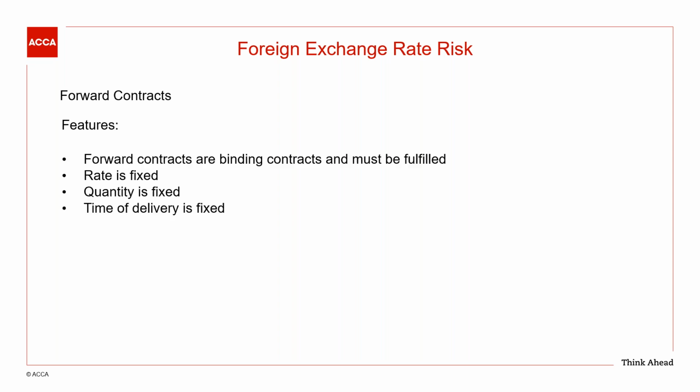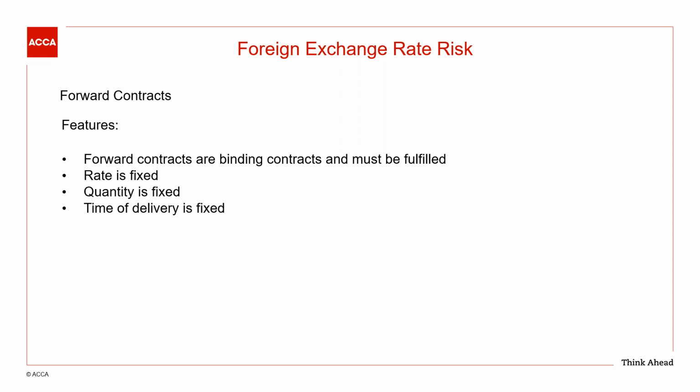Now, as I told you earlier as well, there are some features of forward contract. Number one, it's a binding contract. So let's say in a month's time, the company changes its mind of paying these $1,000 to anyone. Let's say it thought that it will be buying something in a month's time, which has a cost of $1,000, but now the company does not want to buy.